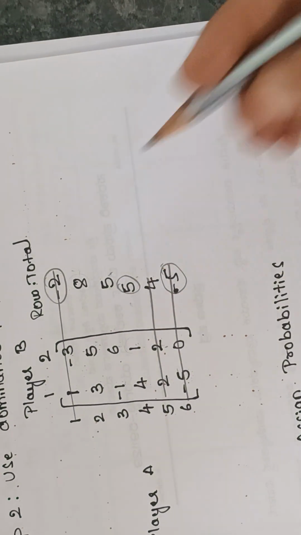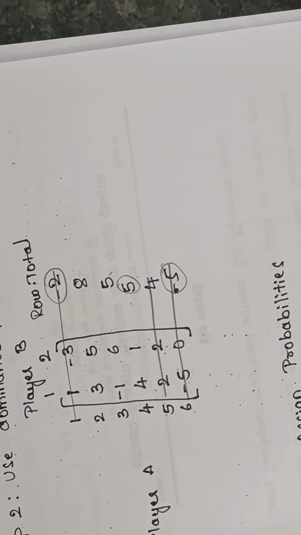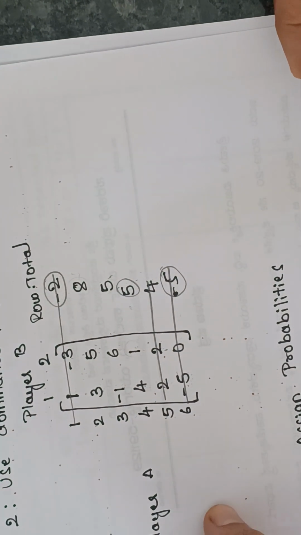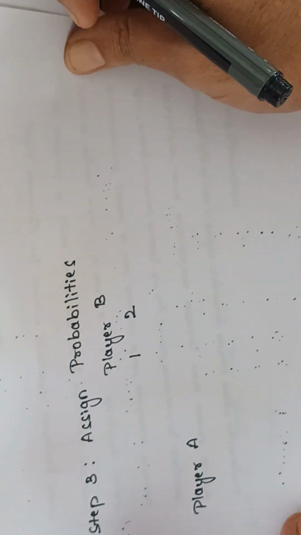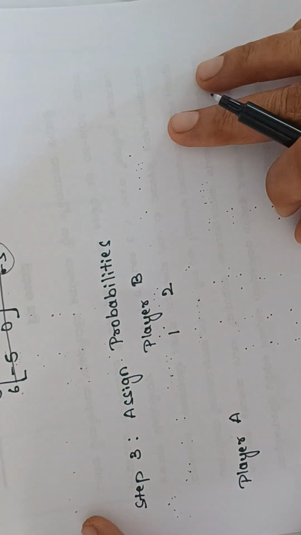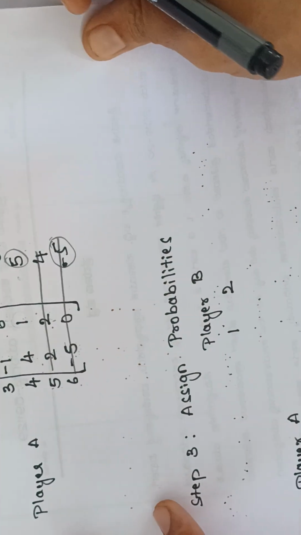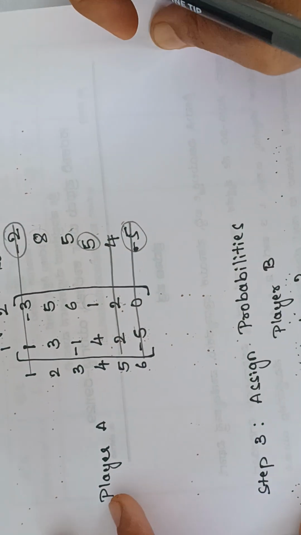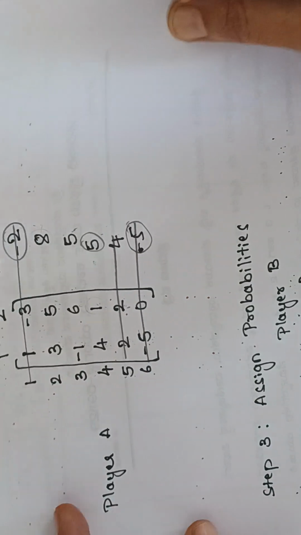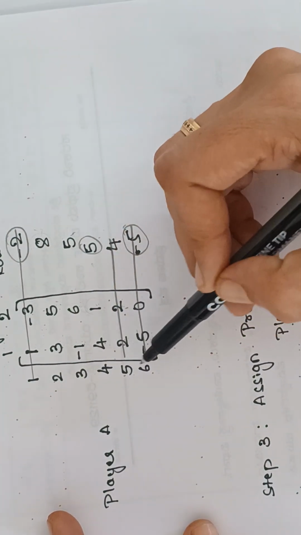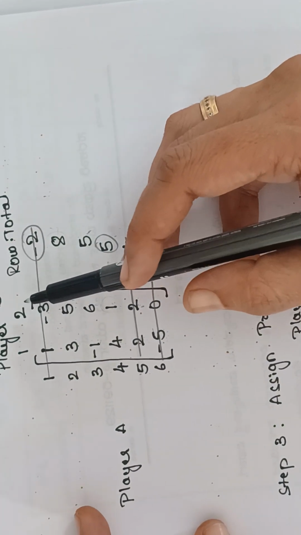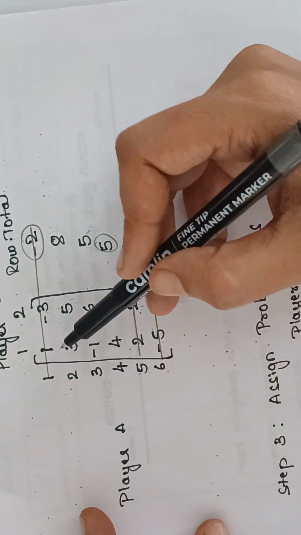So next we need to rewrite the remaining strategies and assign the probabilities. So next step is assign probabilities for the remaining rows and columns. Okay, so which are the rows which have been eliminated? First, fifth and sixth. Hence B has 2 strategies and A is having second, third and fourth strategy.